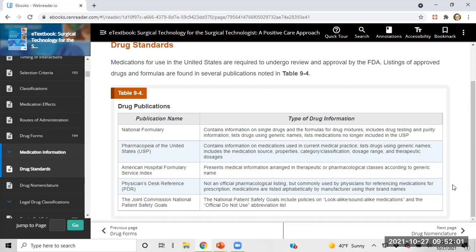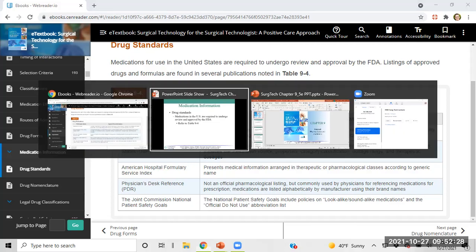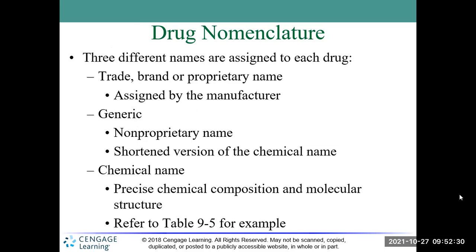It's not an official listing, but it does provide all the information that we need on the medications, and they're listed alphabetically. Joint Commission National Patient Safety Goals. This is where we find those look-alike, sound-alike medications, and the official do-not-use abbreviation list, and we're going to look at that just briefly.